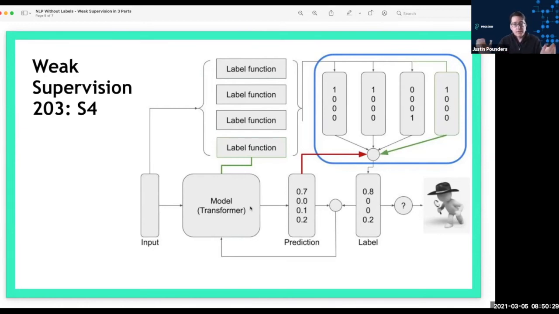This shortens the amount of time, it reduces the number of times that we need to go back to the domain expert to say, well, hey, we need more language, we need more examples, we need you to help us fix our label functions, because we can use the internals of the transformer model to expedite that discovery process of what should be in our label functions. That's the first component that makes this process easier.